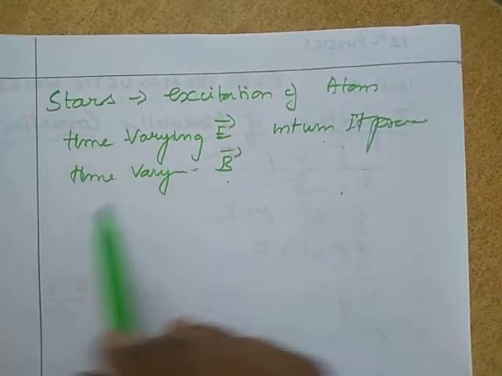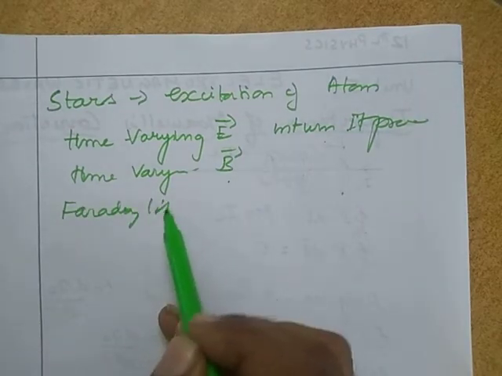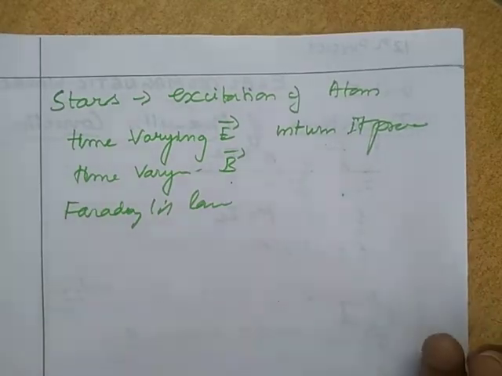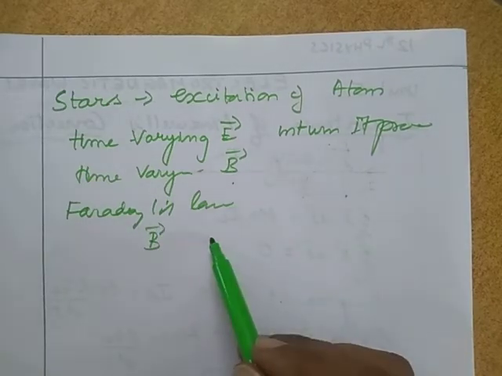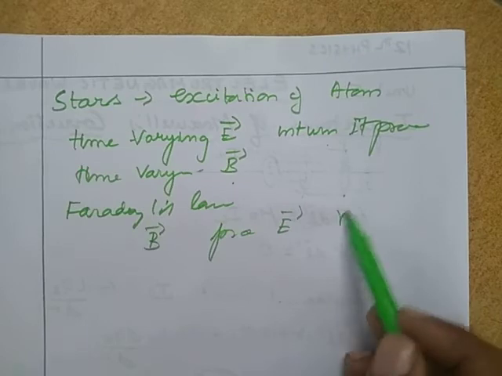We know according to Faraday's law, the time varying magnetic field again produces a time varying electric field. This process repeats.